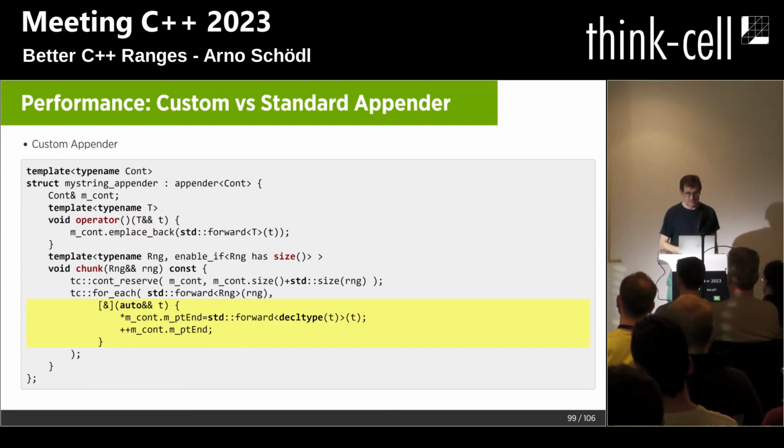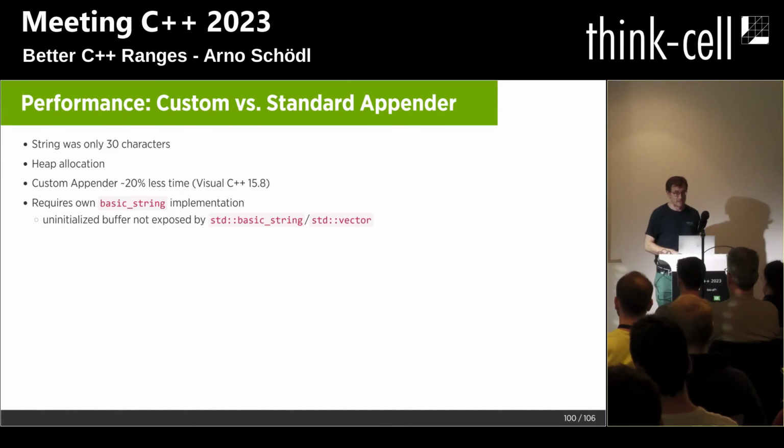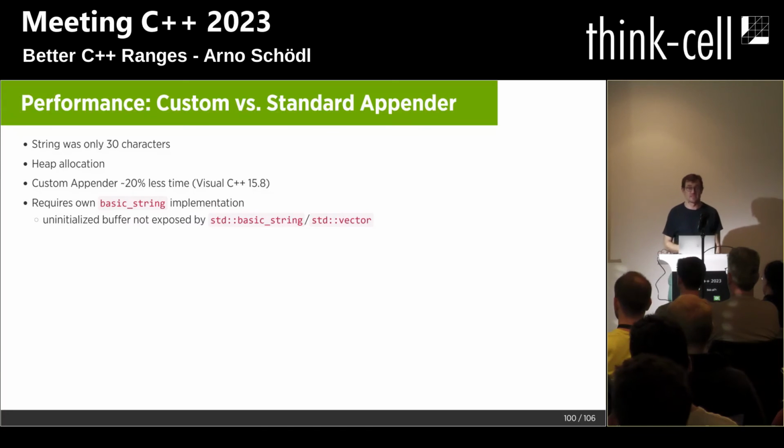So it's basically just put it to the end, increment the end. Just do that in one go. That saves 20% in Visual C++, again, when just filling a string. So it requires your own basic string implementation, which we don't have yet.